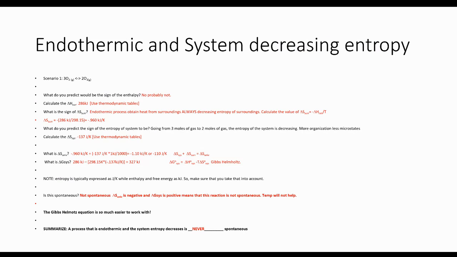So this is the worksheet. I'm hoping that you have it printed out. And so I'm going to go through this one. Okay, now I wanted to say one thing: you need to have your tables from the back of the book handy. So if you could get those out, that would be great.